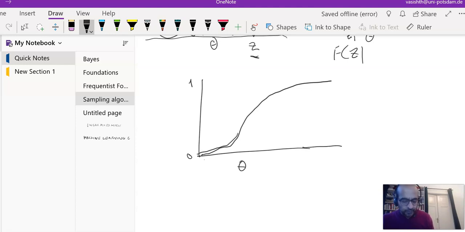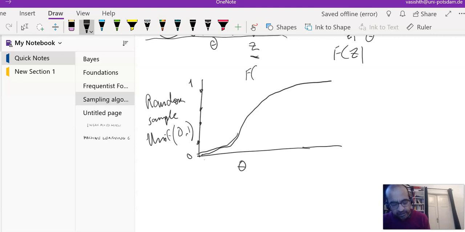So what I do is I take a random sample from somewhere between 0 and 1. It could be this point, this point, or this point, all with equal probability, because I'm taking a sample from a uniform 0, 1 distribution. The interesting thing now is that this distribution that I've plotted here is the f of z for different values of z on the x-axis.